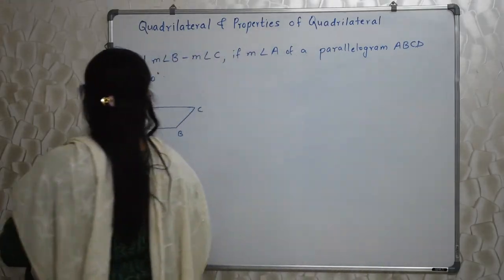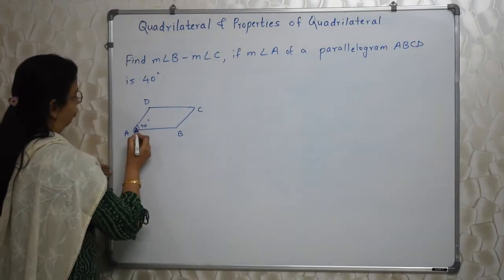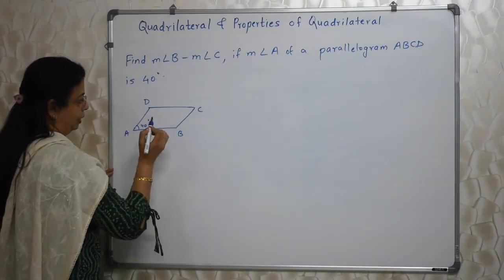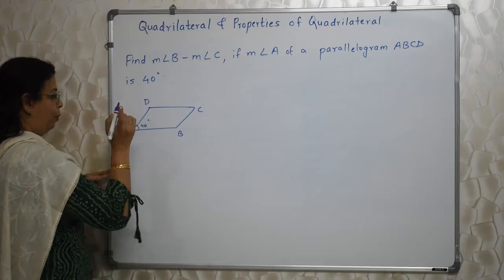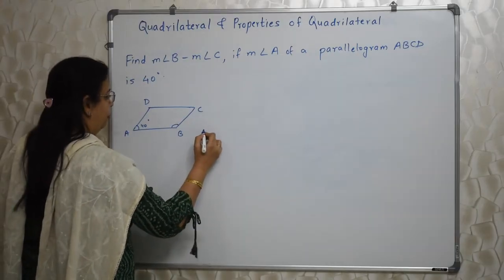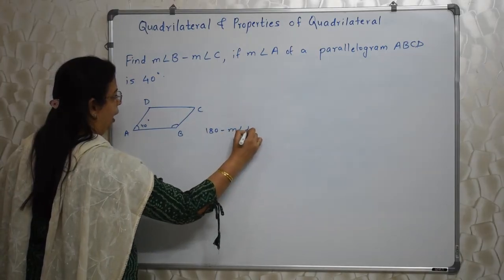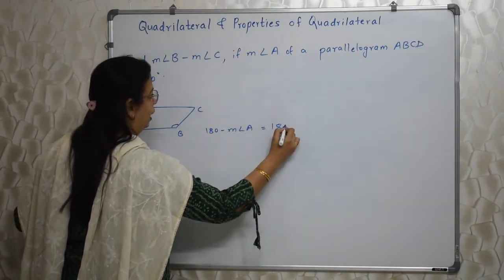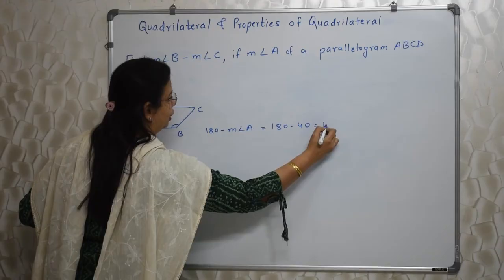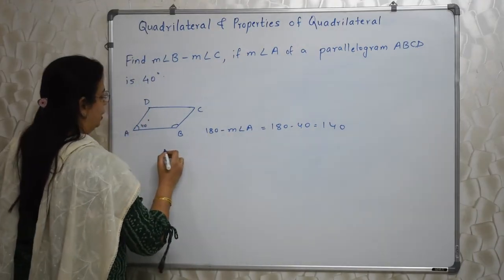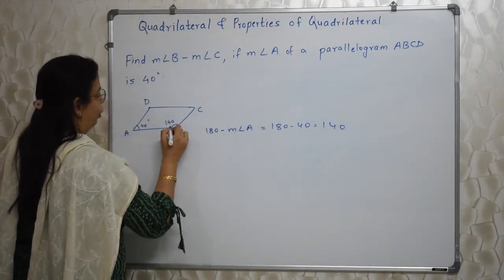If this is 40, A and B are adjacent, means they add up to 180. So how much will B be? B will be 180 minus measure angle A, that is 180 minus 40, that is 140. So we got measure angle B as 140.